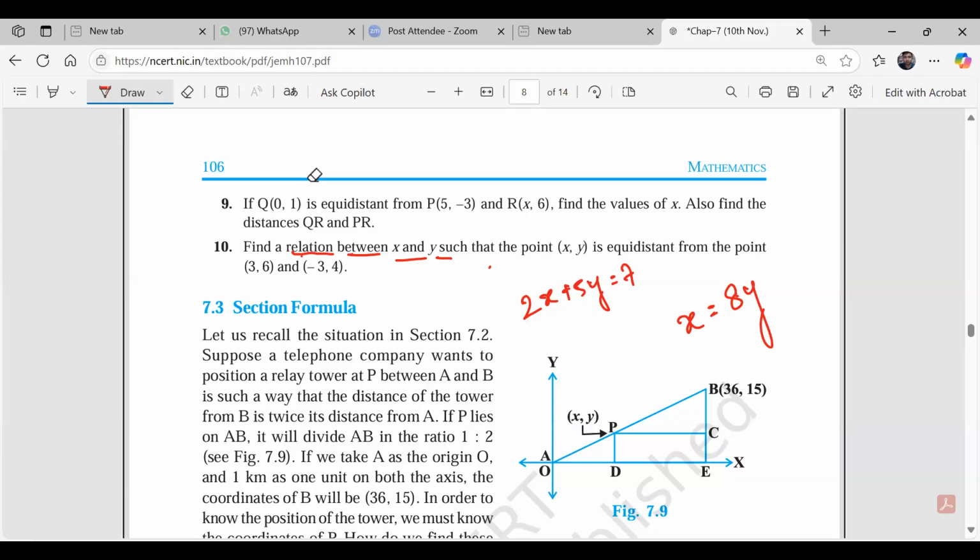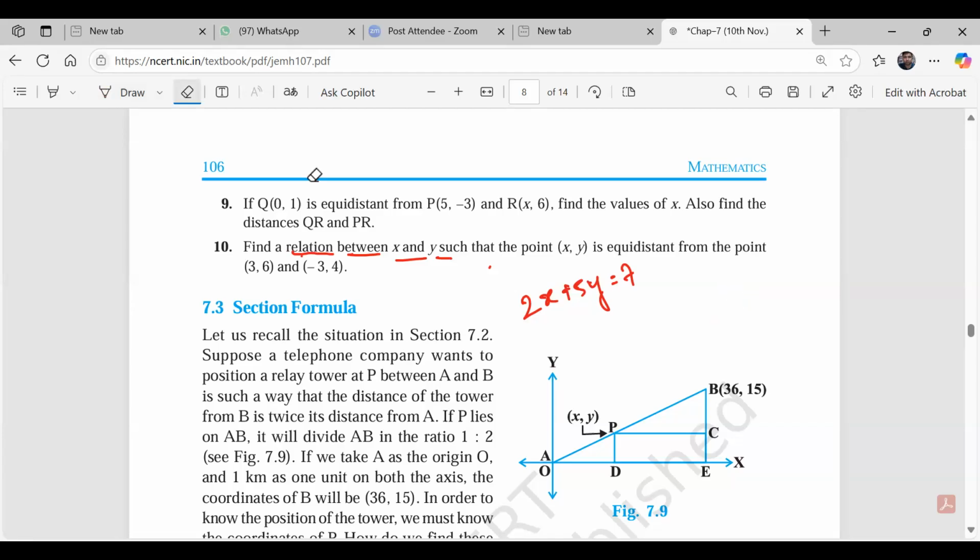Are you getting it? Yes, ma'am. So here you are supposed to find the relation between x and y. That means, do we have to find an equation? Yes, we have to.